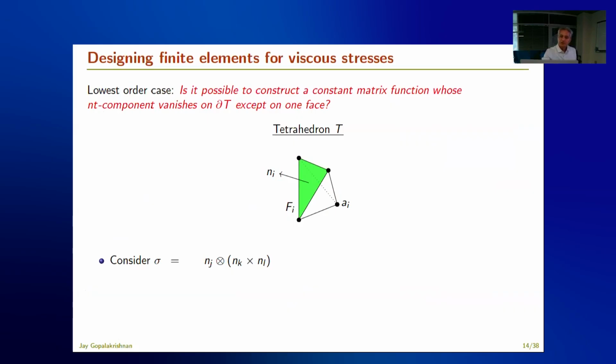So here's a facet in the foreground, a facet Fi, and its normal is denoted by Ni. Just look at this matrix field, which is the outer product of the normal vector, the jth normal, with a cross product of two other normals on one face. We're looking at this face, formed by the indices J, K, L.